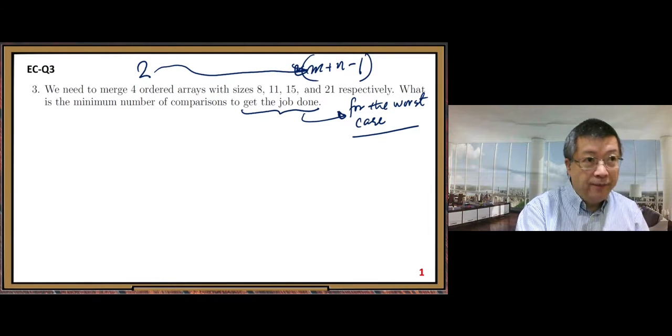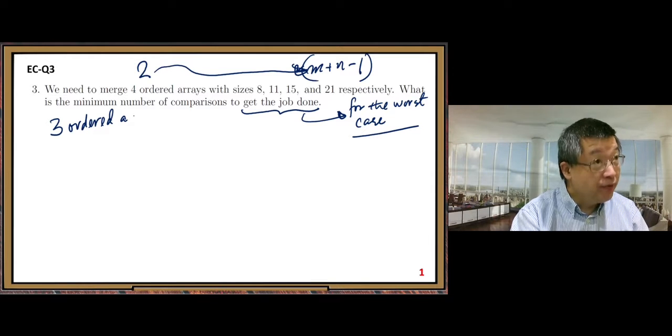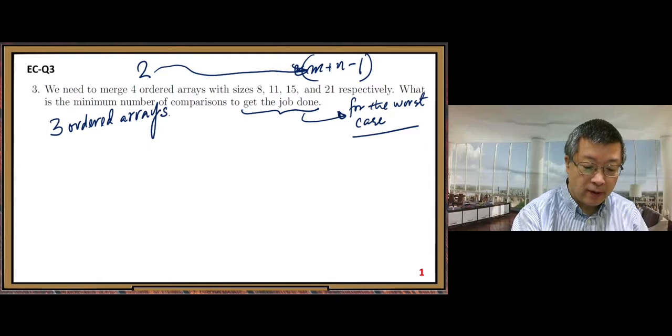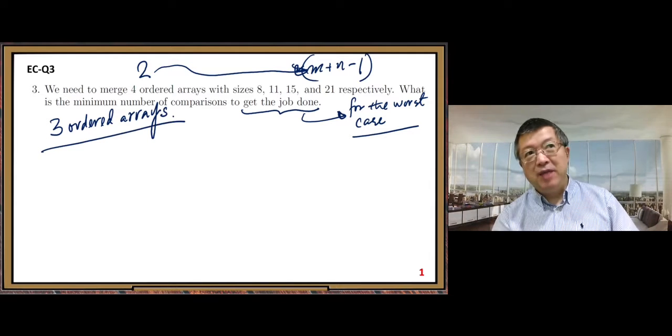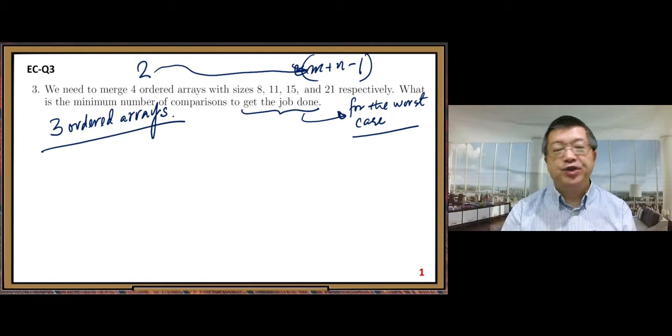We work on 3 ordered arrays. We change from 2 to 3 ordered arrays. Can we solve this problem? 3 ordered arrays, right? Here, let me recommend one special way to solve it.